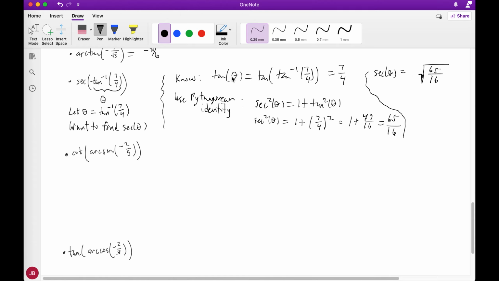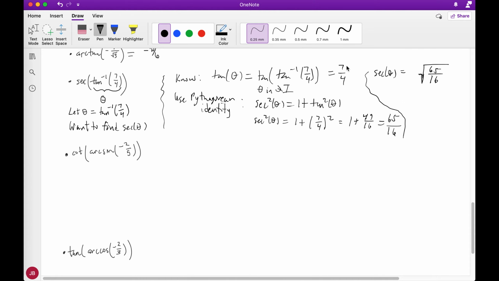Because tangent of theta is positive, theta must be in quadrant 1, right? Because arctan of 7 over 4, which is theta, always returns an angle in quadrant 1 or 4. Well, since the tangent of that angle is positive, theta must be in quadrant 1, right?